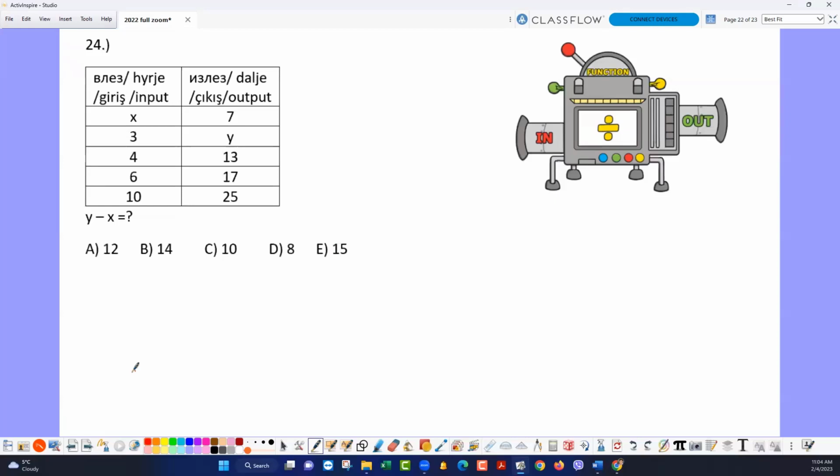Here, this is the kind of function, and in the function machine here, x and y are related. 4 goes to 13, 6 goes to 17, 10 goes to 25. So which means when you give an x value, it gives you one y value here.